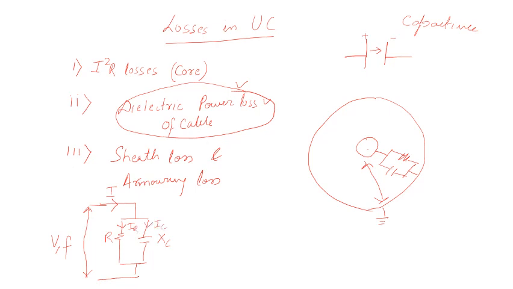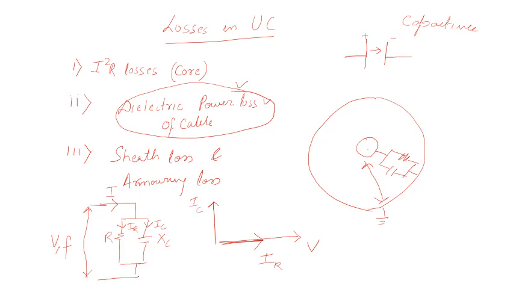If you draw the phasor with respect to the phase voltage, you will find that this IR will be in phase, but this IC will lead your voltage by 90 degrees, perpendicular to it. And that is our IC.